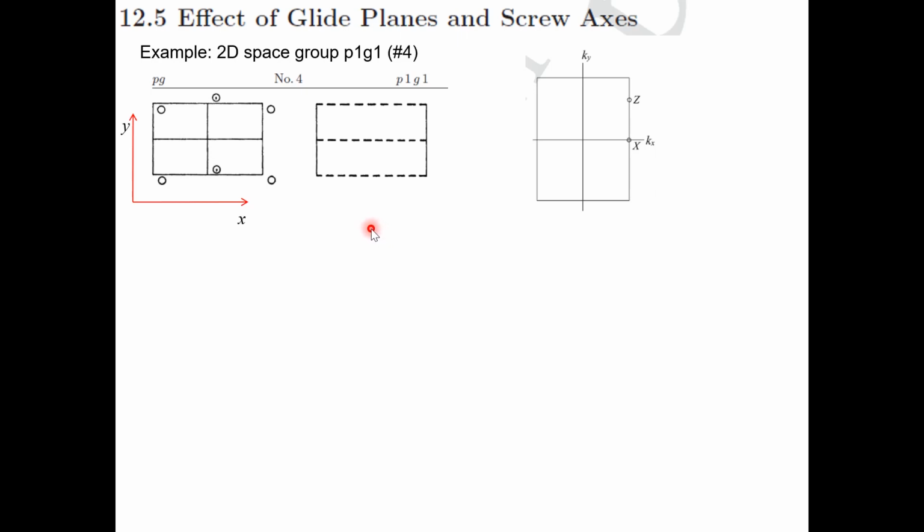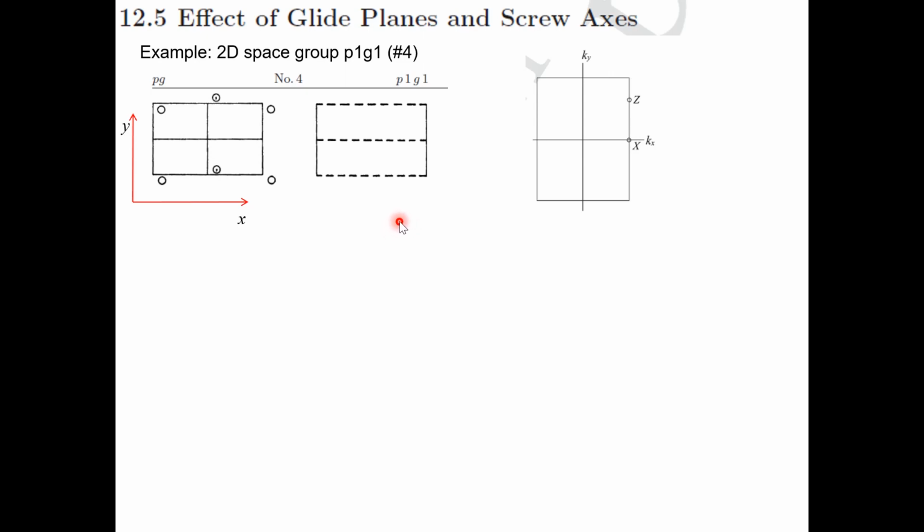Because of effects related to the existence of these glide planes and screw axis symmetry operations, in some cases that leads to the bands sticking together. This is an expression that people use in this field: bands stick together. That simply means that they are degenerate because of that particular kind of symmetry.